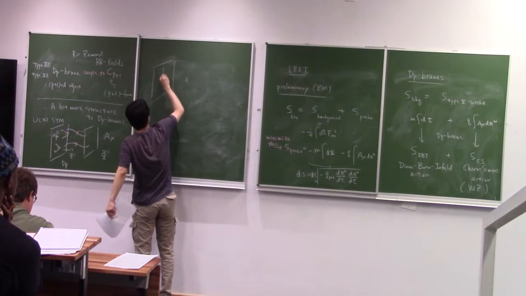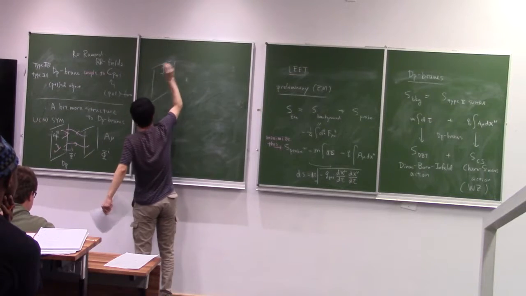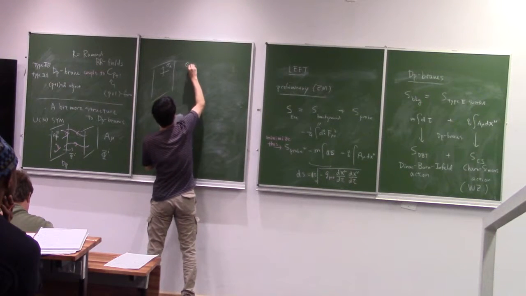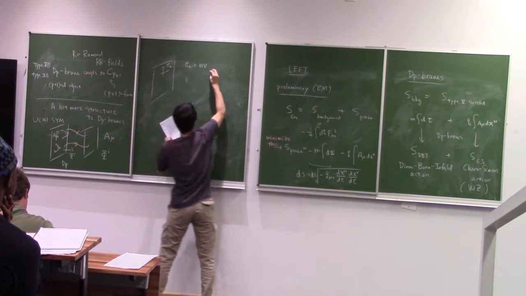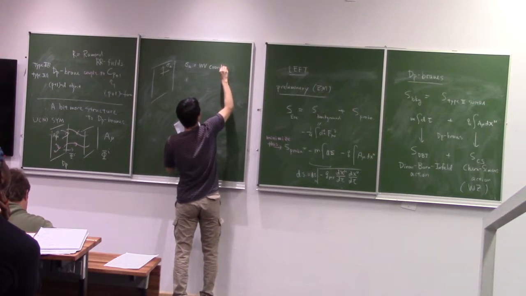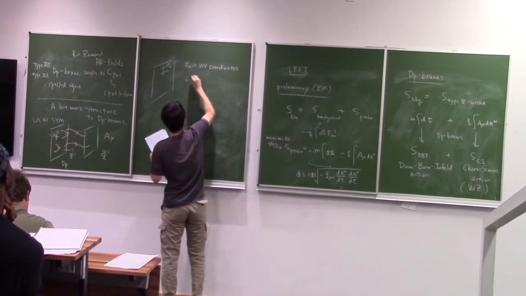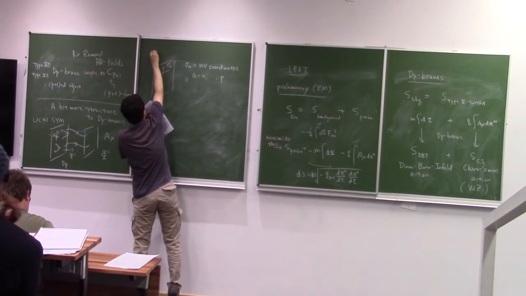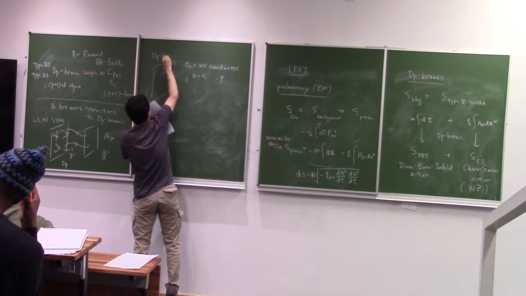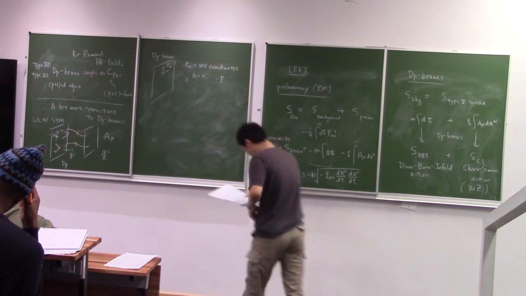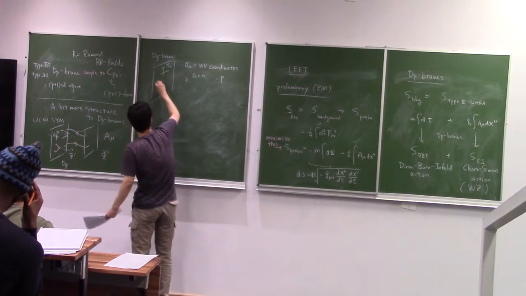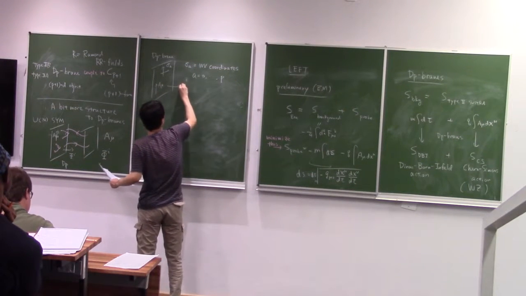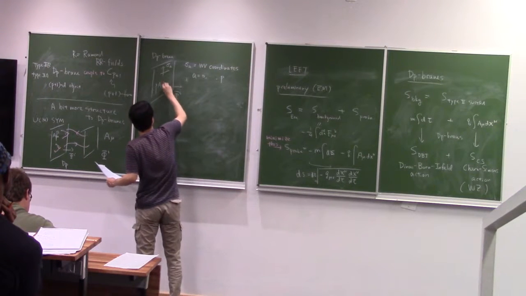First, let's parameterize the world volume of the D-brane by sigma A. So sigma A are the world volume coordinates, where A runs over the p plus 1 dimensions of the D-brane. And you have a gauge field A mu, and you have a scalar, which depend on sigma.